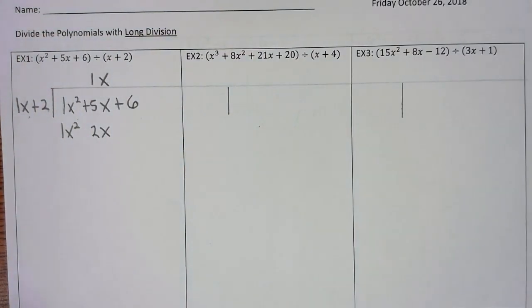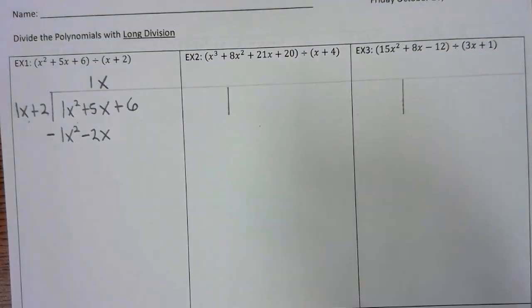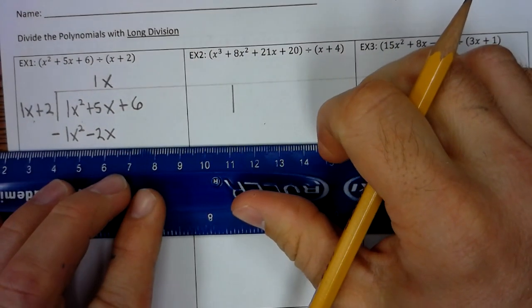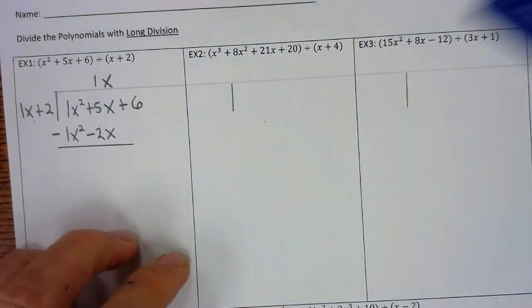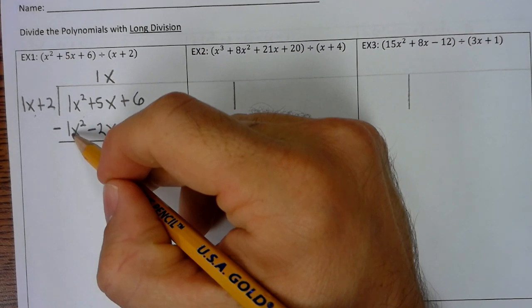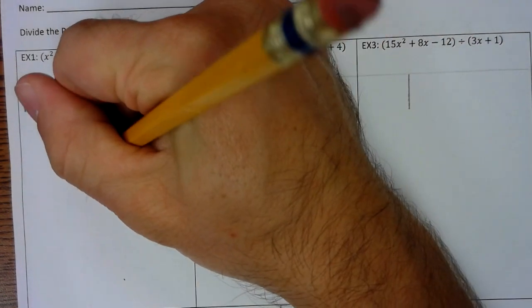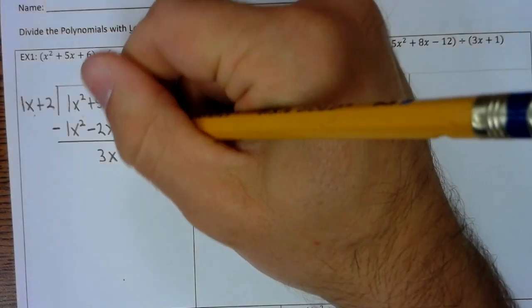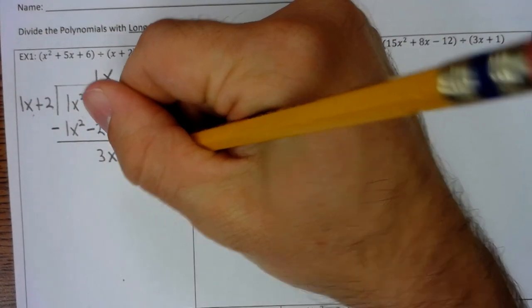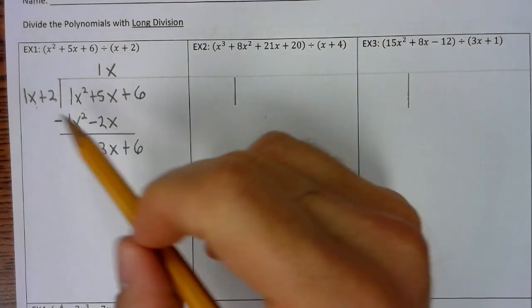And then step 3, we subtract. So that cancels. And if you do this correctly, this first term should cancel. And then 5x minus 2x is 3x. Step 4, we bring down the plus 6. And then we repeat. Well, you think to yourself, how many times does 1x go into 3x?